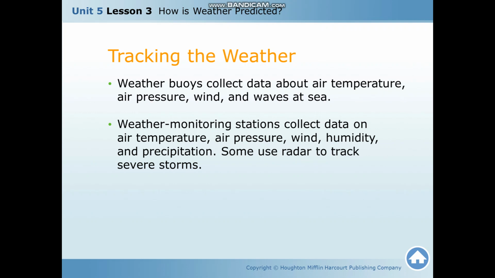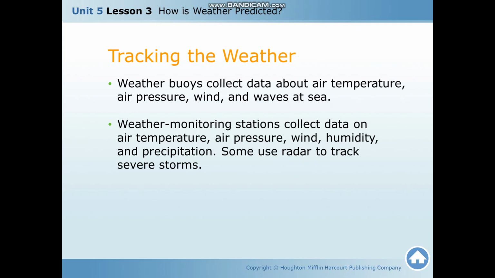It is the amount of water vapor in the air. So the more water vapor you have in the air, the higher your humidity is. Wind again is moving air or air in motion.